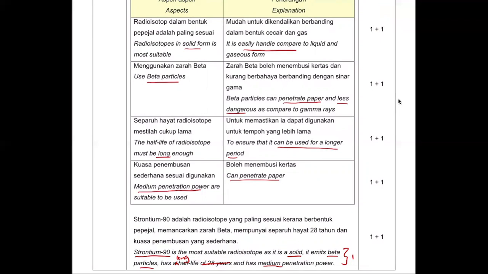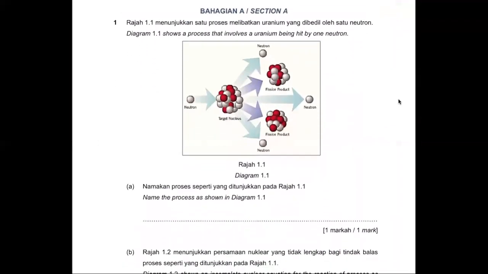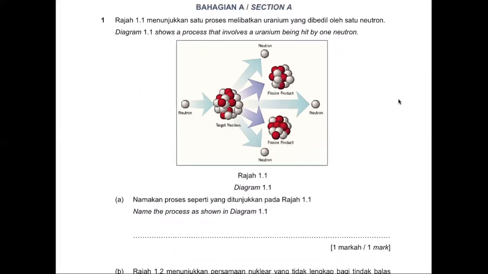Now we will go into questions on problem solving. Okay, problem solving involving nuclear physics. So example of questions is like this one. Diagram 1.1 shows a process that involves a uranium being hit by one neutron. Name the process as shown in diagram 1.1.